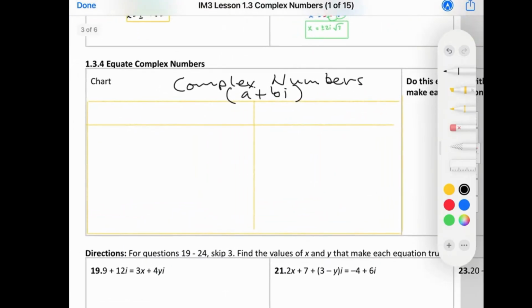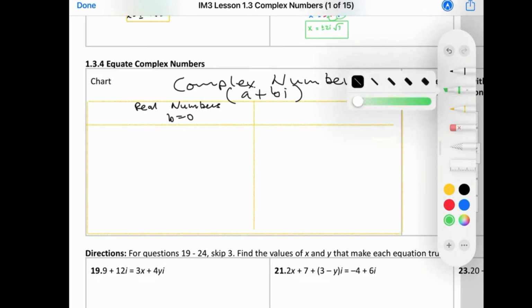Now, when b is equal to 0, those are real numbers, and there are kind of like two regions.